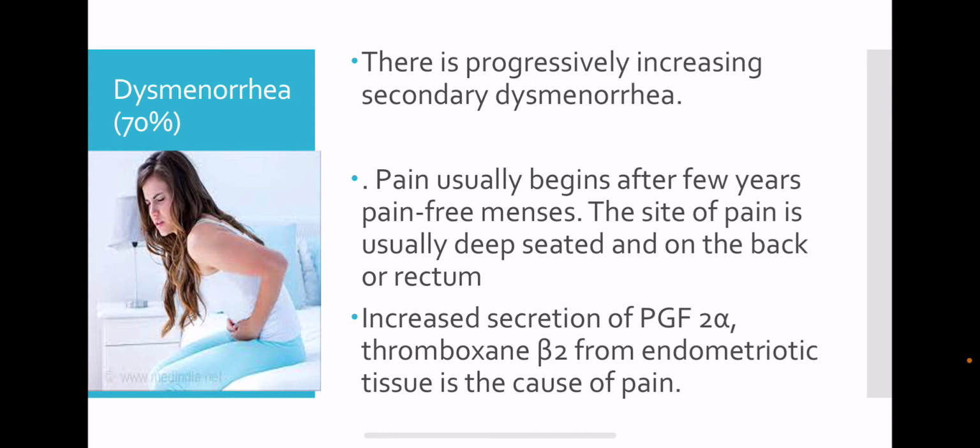So more increased production of prostaglandin will result in more pain. How are these prostaglandins causing the pain? They act as a vasoconstrictor, cause ischemia, angina of the myometrium, resulting in pain. And where is the pain situated? It is deep-seated on the back or rectum.